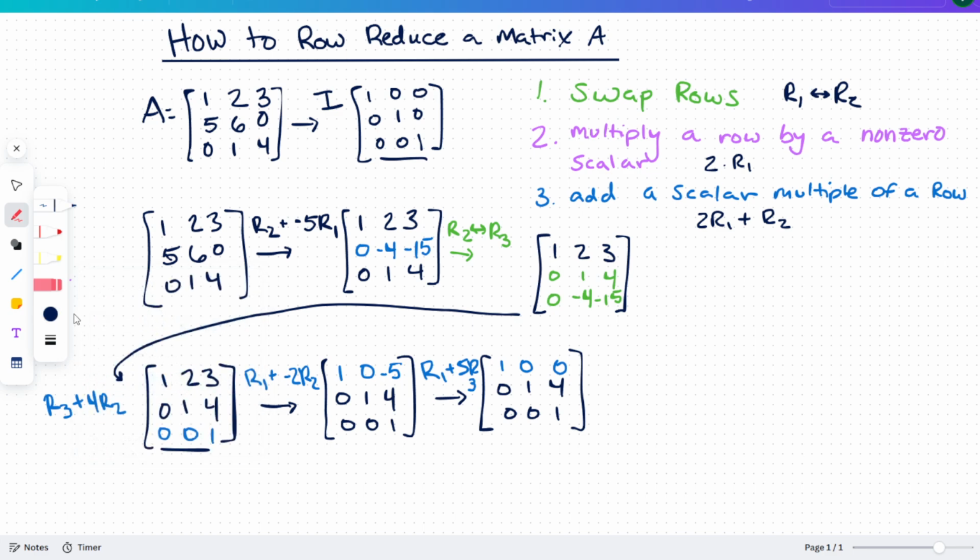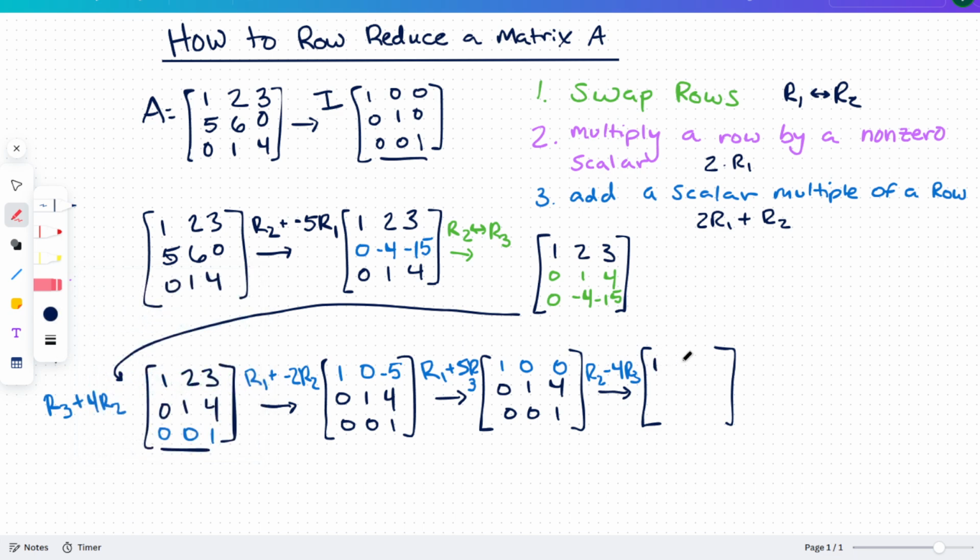So now our very last step that we need to do is fix row 2 here. So we'll use row 3 again because that's our last number we have. And again, we'll use this third operation here. We'll do row 2 minus 4 row 3.